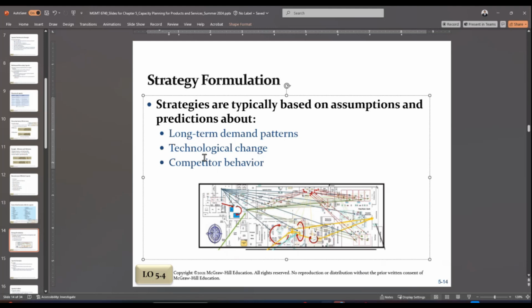In terms of competitive behavior, like I said, it's a very sensitive topic, but benchmarking is a thing. Officially, what I have seen people do is go online, do a Google search, and look at the strategies or products their competitor is making.